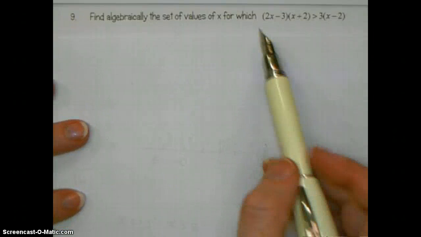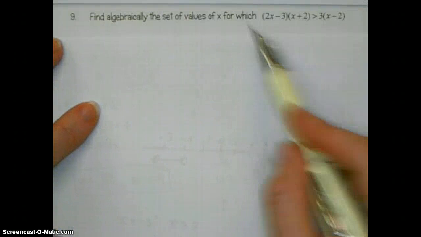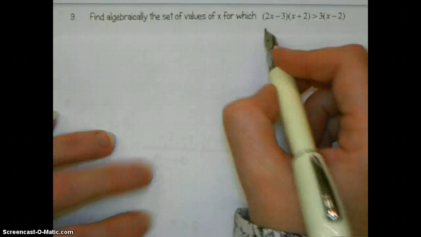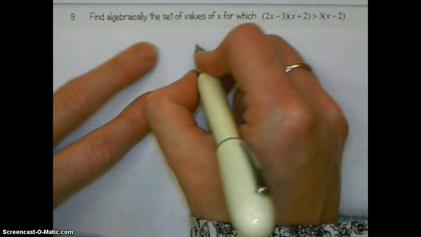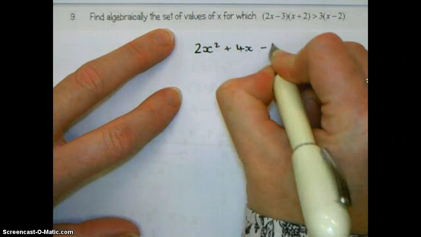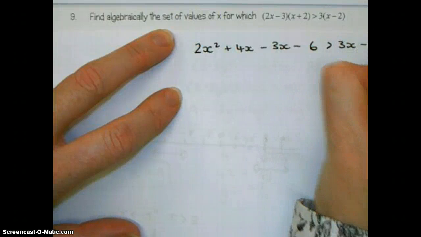So question 9, I've spotted it's another inequality. So what I'm going to have to do is multiply out this inequality, make it bigger than or less than 0, and then do my graph sketching. So multiplying out my inequality, I'm going to get 2x squared plus 4x minus 3x minus 6 is bigger than 3x minus 6.